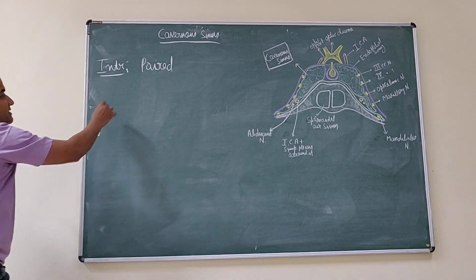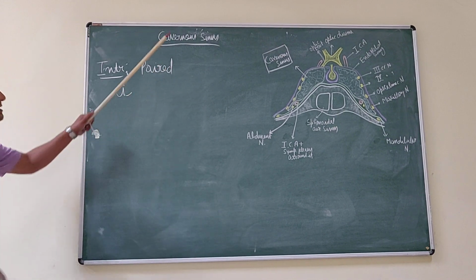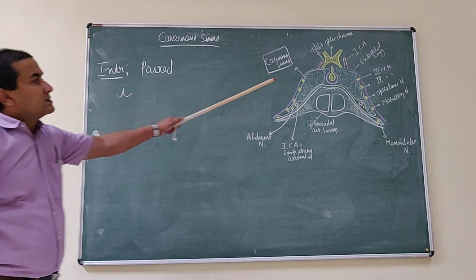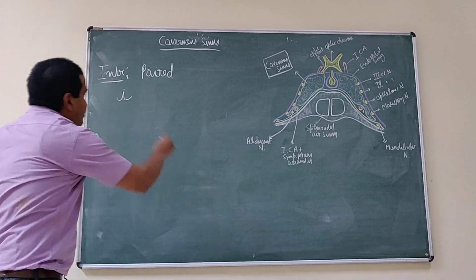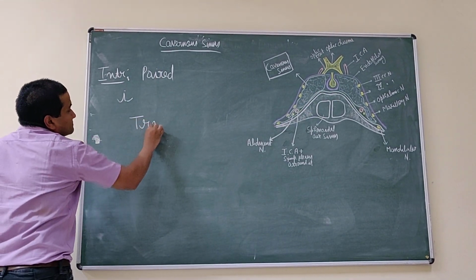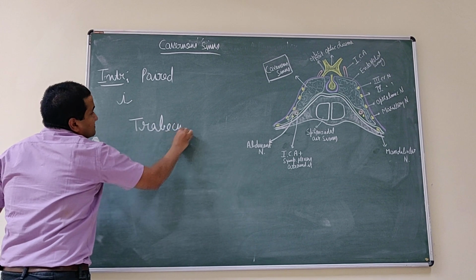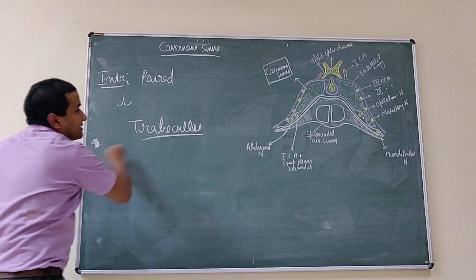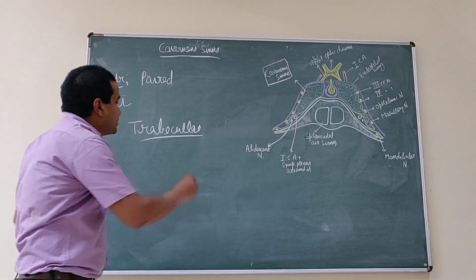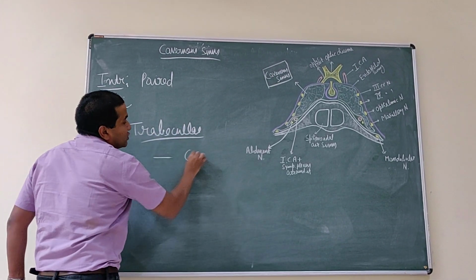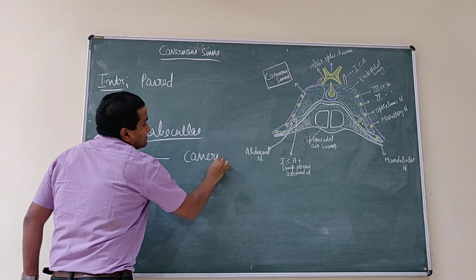This cavernous sinus is known as cavernous sinus because of its interior appearance. It is the trabeculae that divide the interior of the cavernous sinus into small spaces known as the caverns.